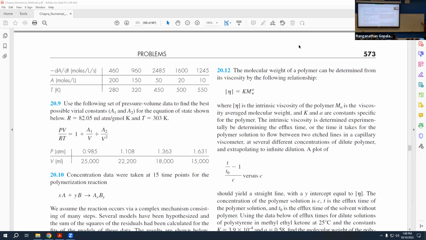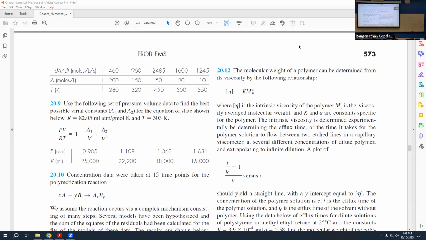That is, PV over RT equals a function of 1 over V, and that function happens to be 1 plus A1 over V plus A2 over V squared. So you want to construct your Y as PV over RT and your X as 1 over V.